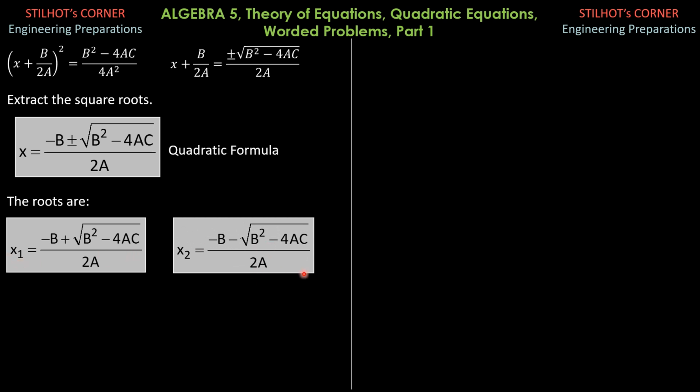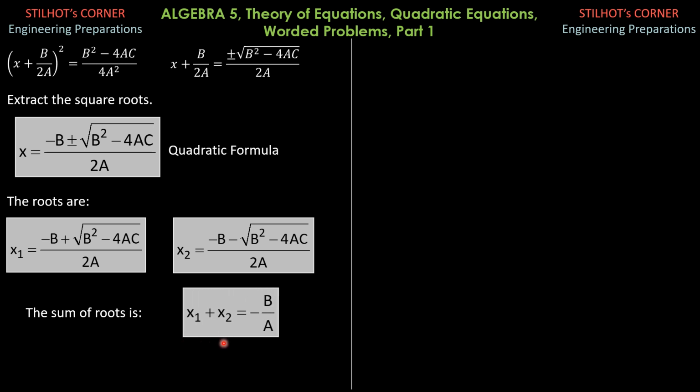Therefore, if we add these roots, then we can eliminate the radical part, and we have negative b plus negative b, which is negative 2b all over 2a, and that simplifies to negative b over a. The sum of the roots, therefore, is negative b over a, and you have to remember that.